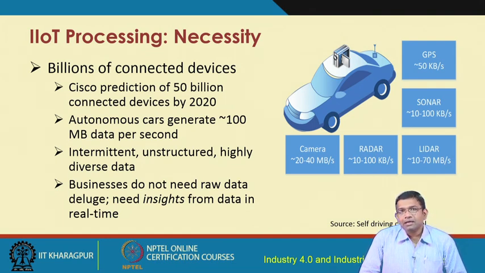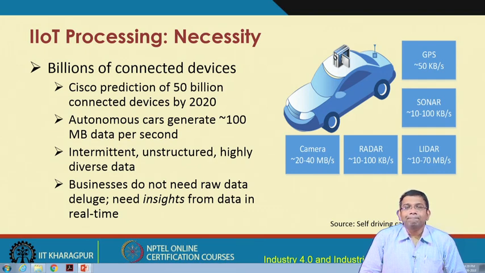If we take the case of the self-driving cars, they are equipped with GPS. The GPS transmits data in these cars at the rate of roughly 50 kbps. These cars could be equipped with sonar modules, which could be sending data at the rate of 10 to 100 kbps.